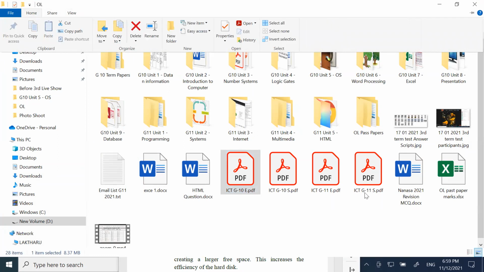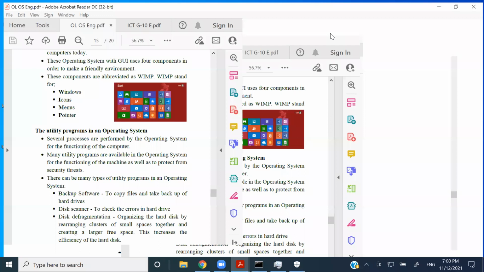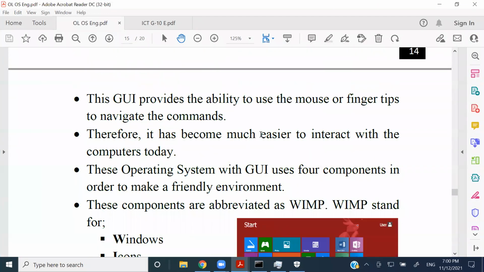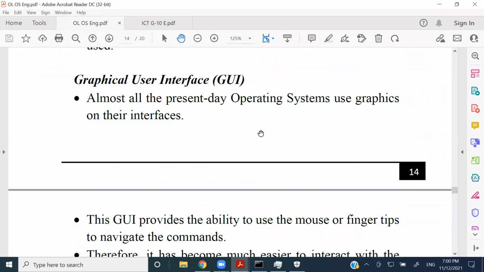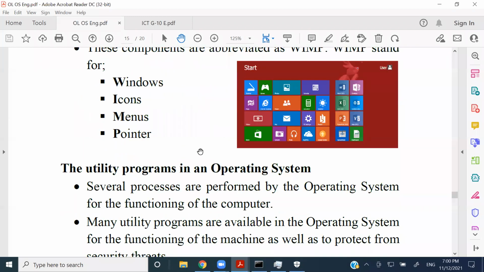And we have the pointer to point at things. So those are the four components inside a GUI. GUI stands for graphical user interface. Almost every device that we are using today has a GUI. That is why we are attracted to the devices, because of these user-friendly GUIs.